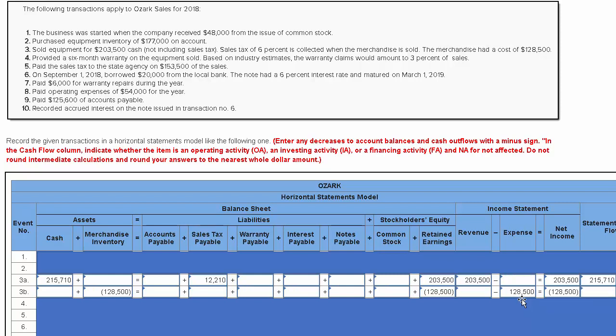Okay? Now, the fact that an expense increases reduces net income. So we've had a positive effect from sales and then a negative effect from the cost of goods sold, which is an expense. And that has a $128,500 negative impact. This is the cost portion on retained earnings.